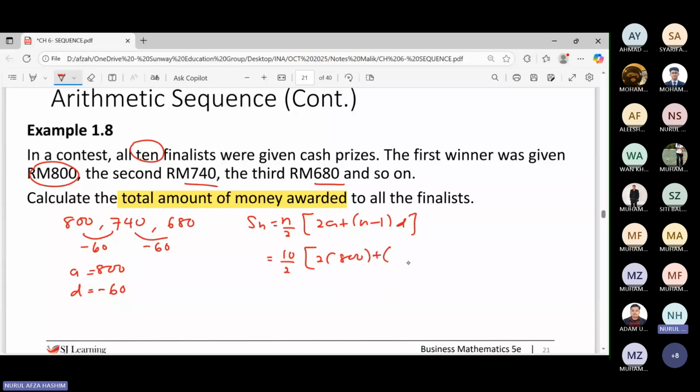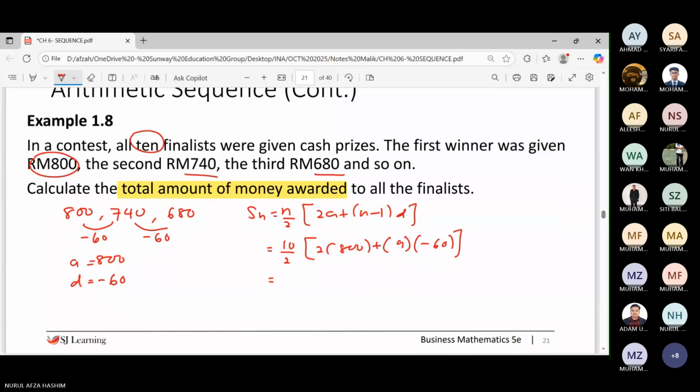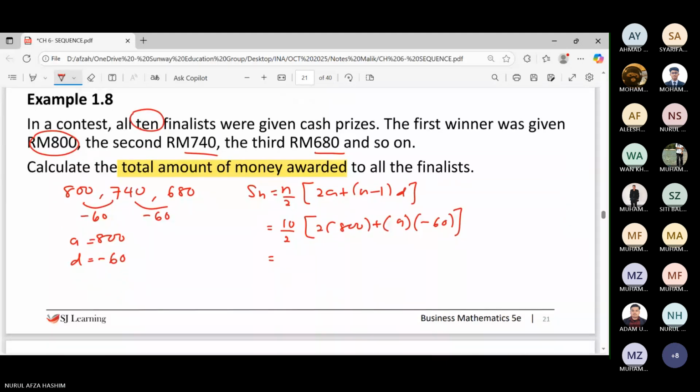And n is what? 10. So 10 minus 1 is 9, and the difference here is negative 60. So how much is it going to be? 9 times negative 60 plus 2 times 800, and then you multiply by 5. So the total should be 5,300.